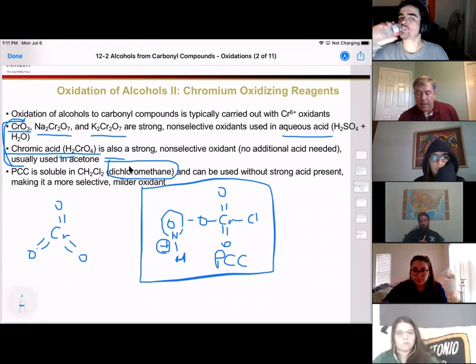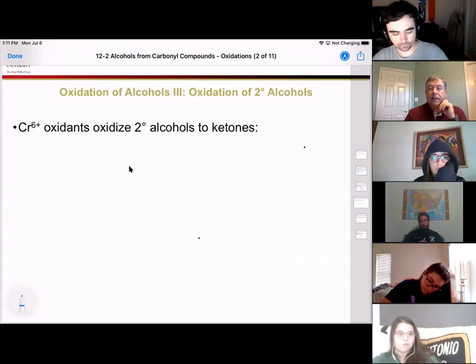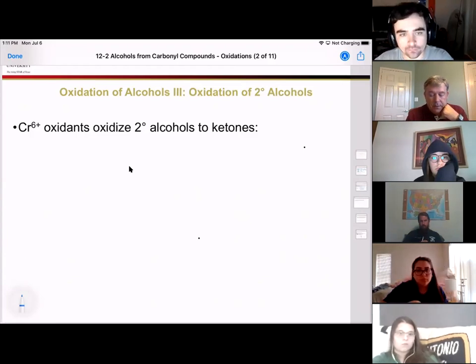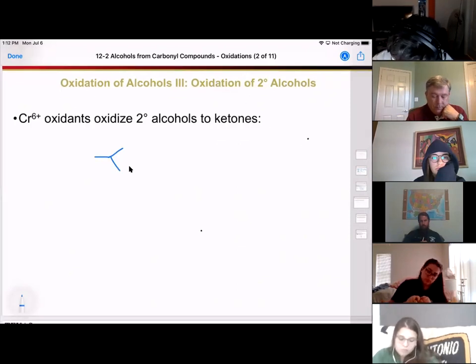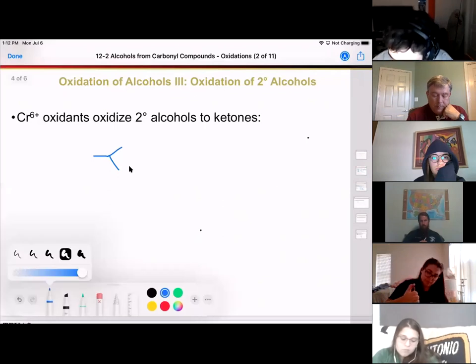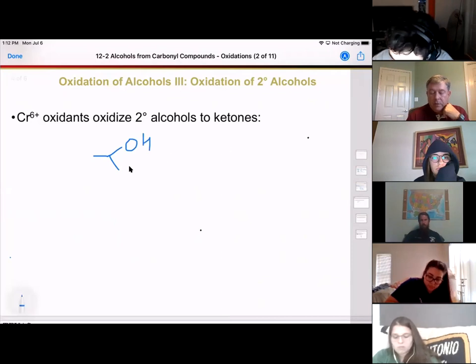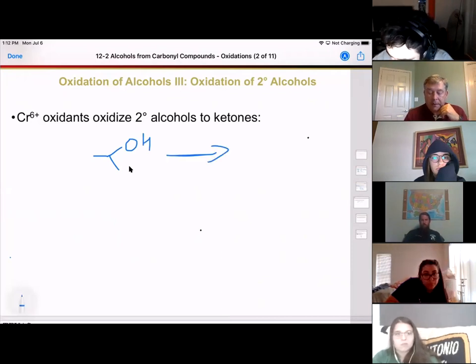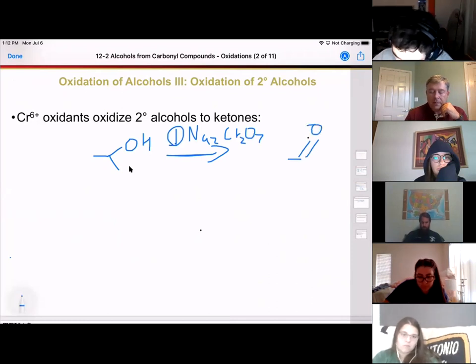So how do we use these? Well, all of these reagents will oxidize secondary alcohols to ketones, okay? So if we have isopropanol, OH, we can use the chromic acid, we can use the sodium dichromate right here, and that'll oxidize it down to our ketones.